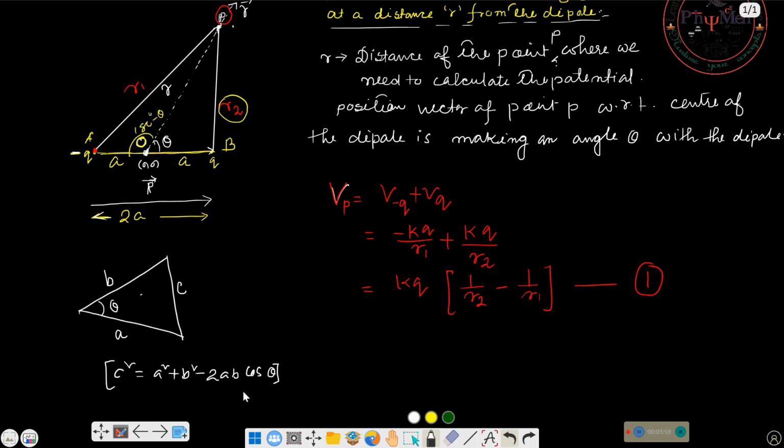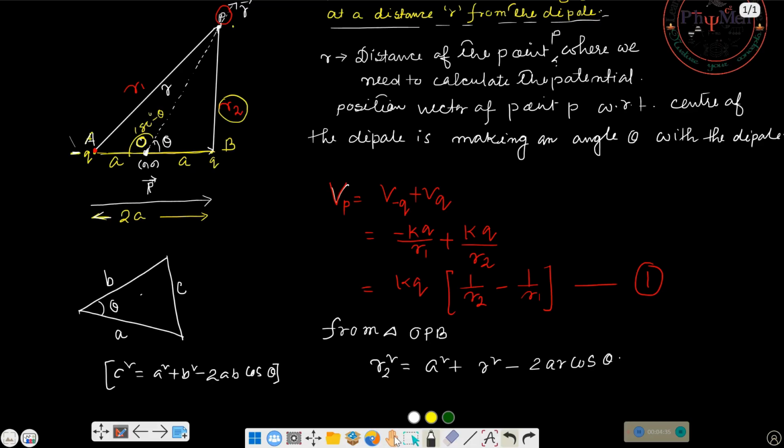Okay, so here this point is A. From this diagram of the dipole configuration, from triangle OPB, we can write r2 square equal to a square plus r square minus twice ar cos theta.